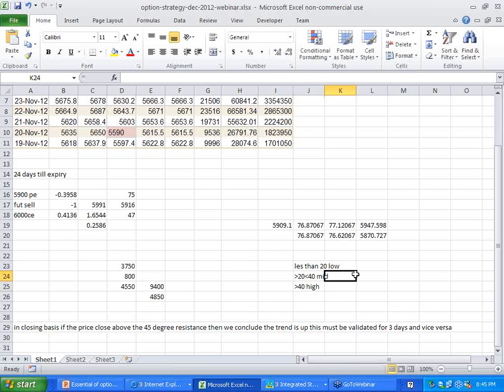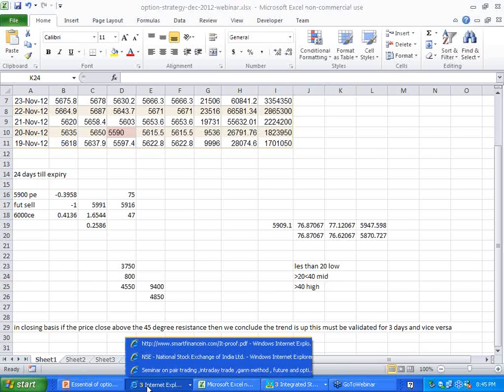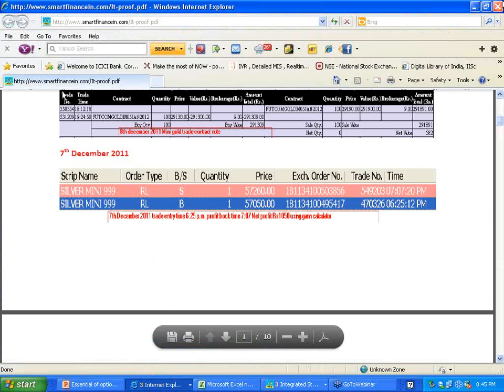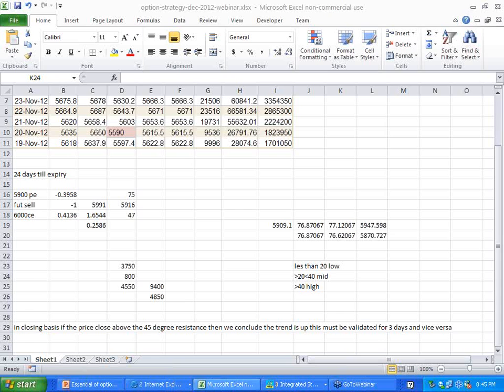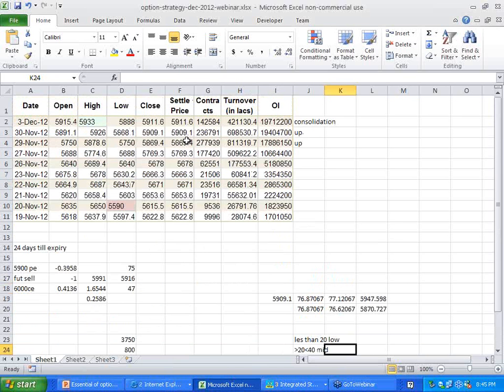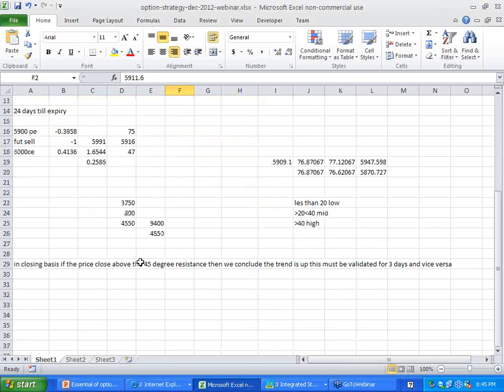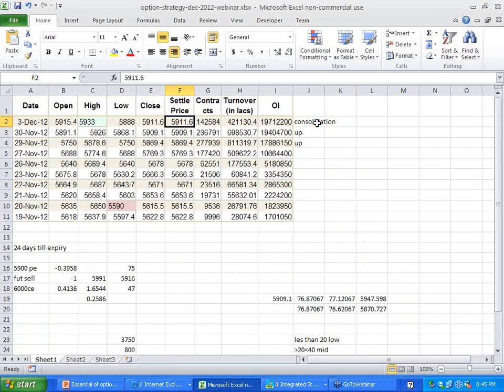So we are in the low volatile market now, and currently the Nifty future, which we have taken the reading of, is quoting at 5911.6. So 5911. So uptrend and consolidation day has happened. However, trend has not changed, and we have a low volatility market scenario.